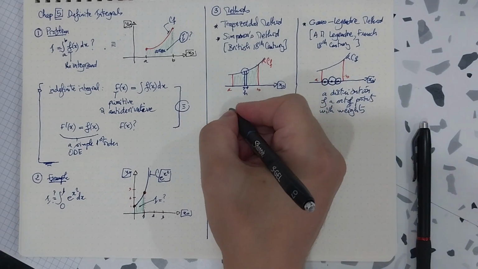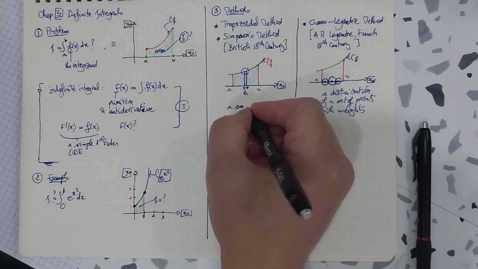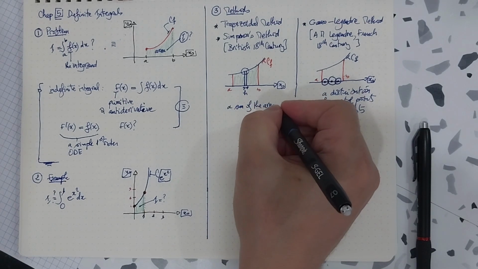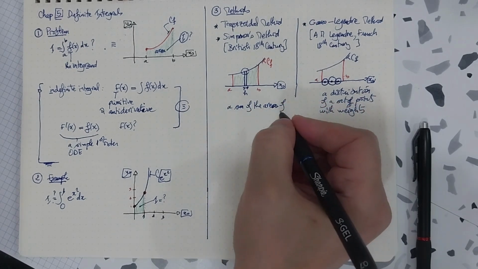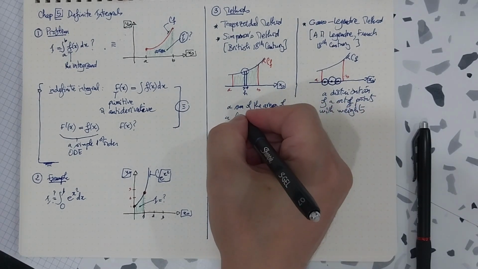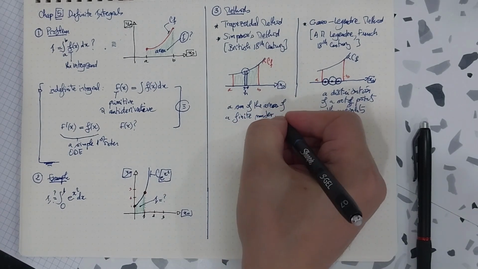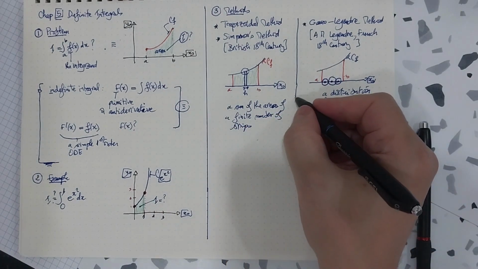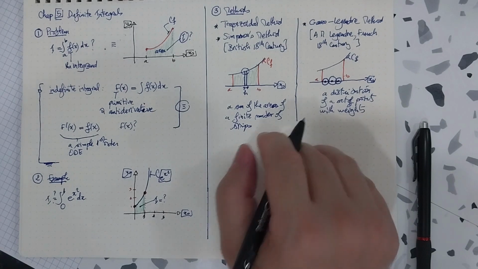While here it is a sum of the area of a finite number of strips. So these are the two categories of methods we will study in this chapter.